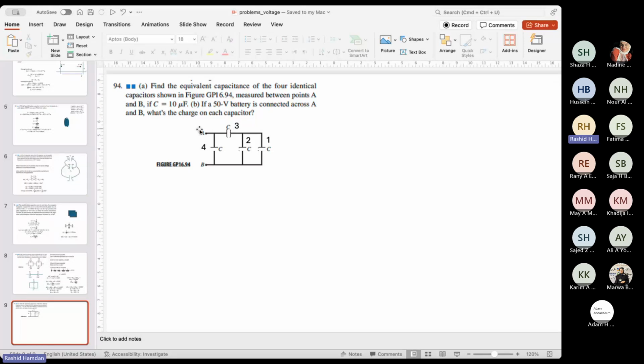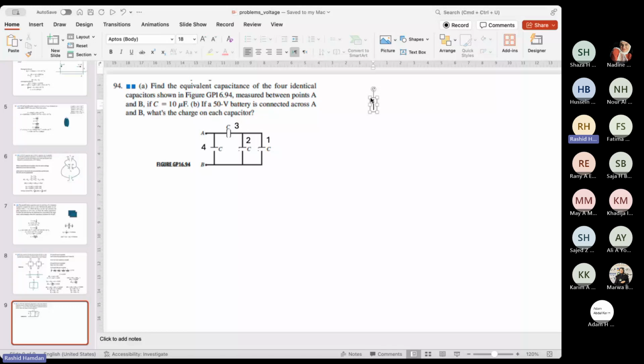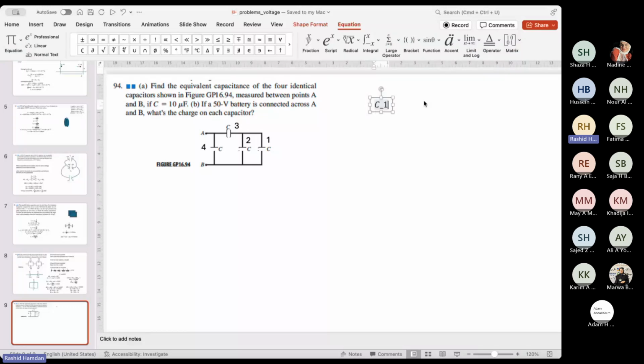1 and 2 are connected directly from here with a branch. From the other side, they are connected also with a branch. So 1 and 2 are in parallel. So I can start with those. So C1 and C2 are in parallel.